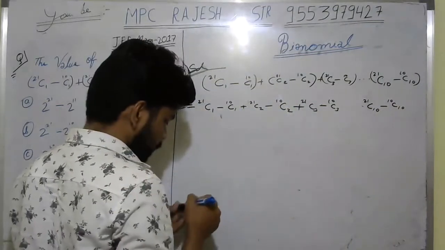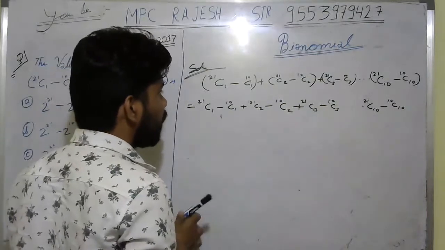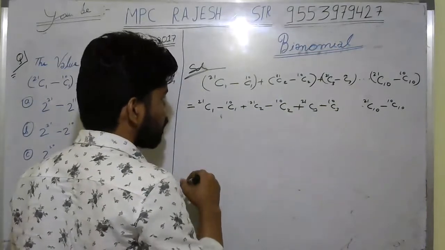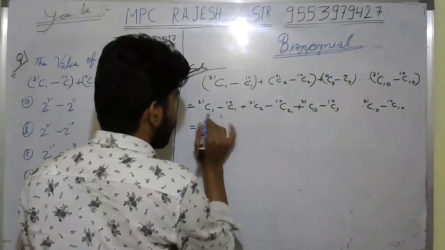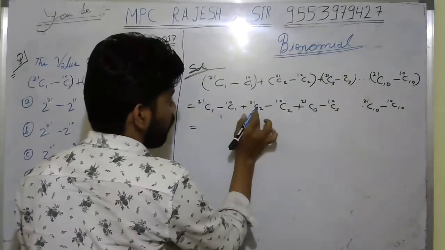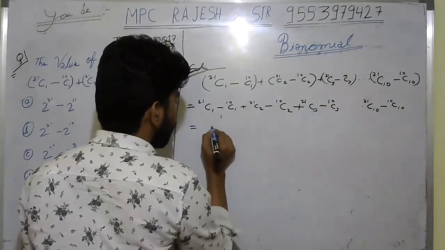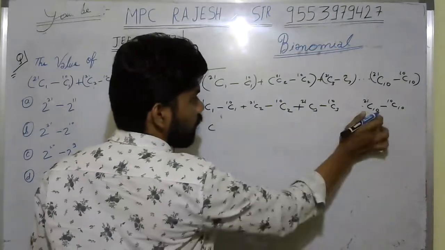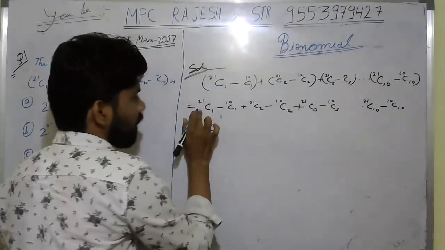Now do one thing. Whatever the 21 terms are, write them in one place. All the 21 terms, from 1 to 10, are plus because the sign is plus.